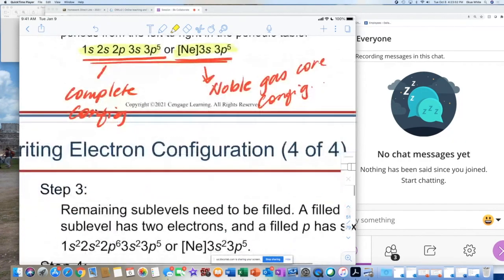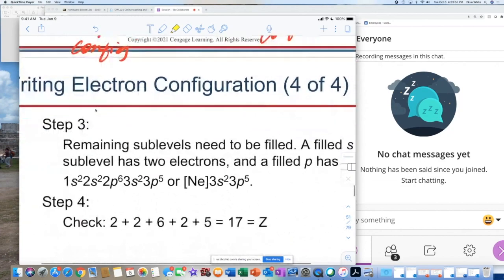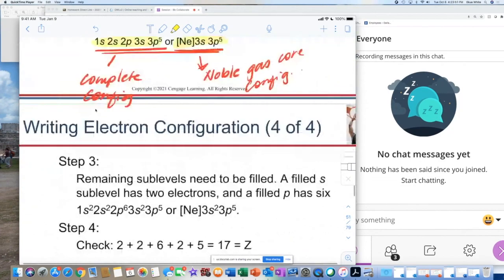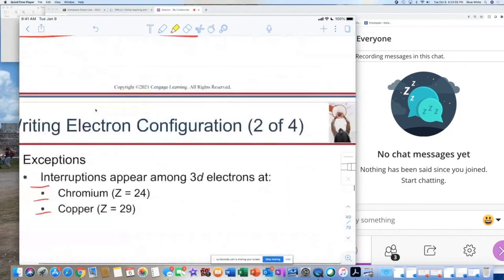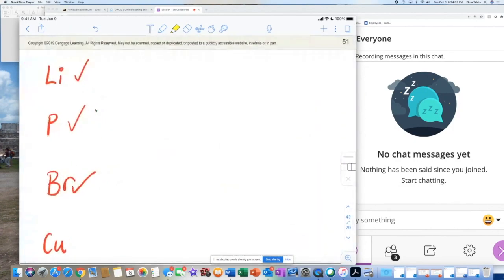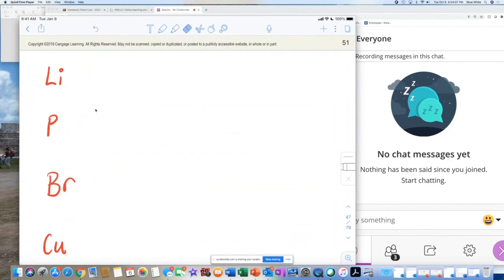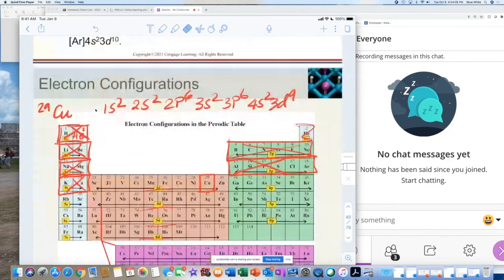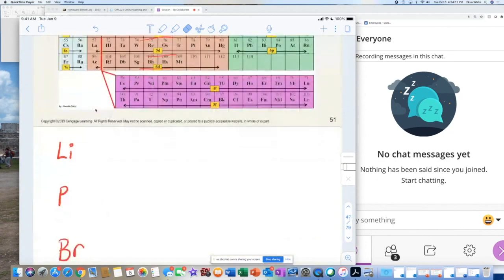So I want to go ahead and do the shorthand configuration, but let me do the one for the elements we just worked on. Since we did the configuration already, I just realized I went ahead and erased them. That's okay. We will do the shorthand configuration, and I think it's a lot easier for me to write it up here. Y'all see that? So let's see.